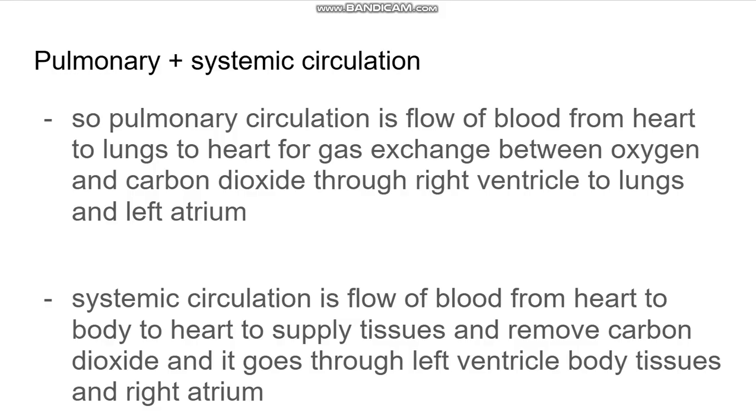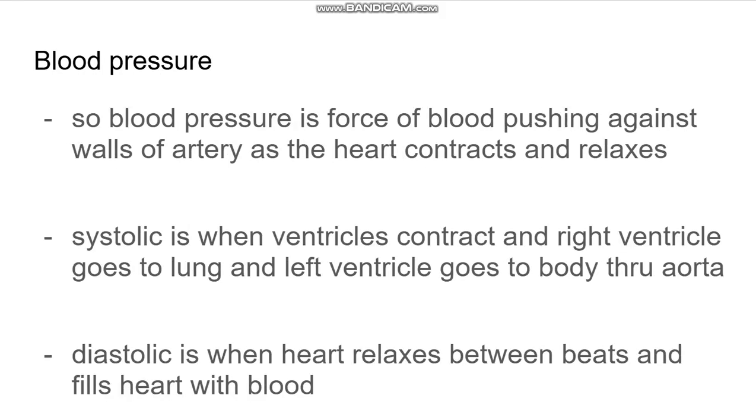And for your systemic circulation, it goes from heart to body cells to heart, to supply body tissue and remove carbon dioxide, and it goes from left ventricle to body cells to right atrium. So yeah, that's what those two circulations are.